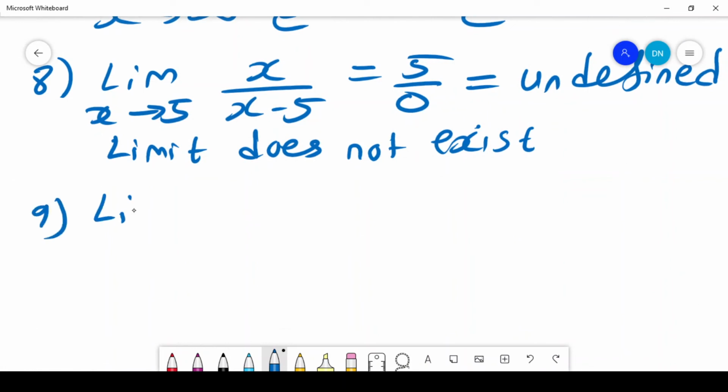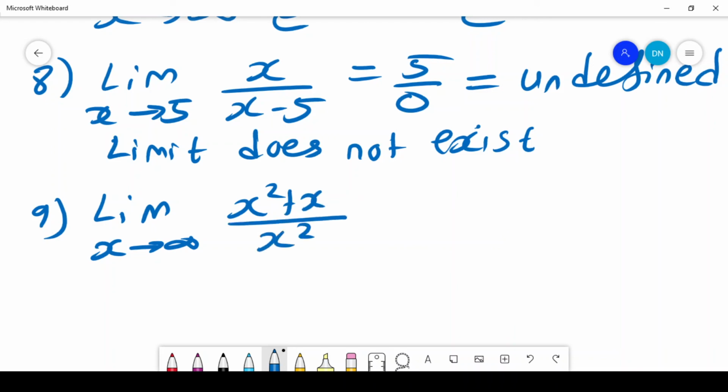So if, for example, I was to get the limit as x tends to infinity of x squared plus x over x squared. Definitely, if you look at that problem, you realize that if I substitute directly, it will be infinity over infinity.